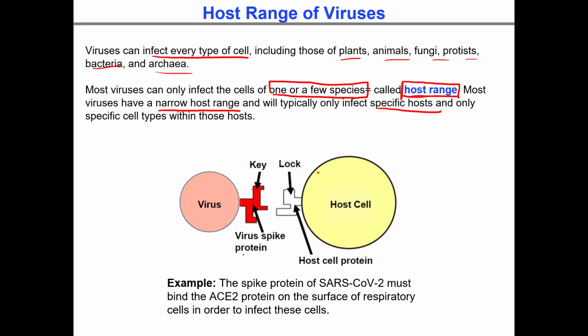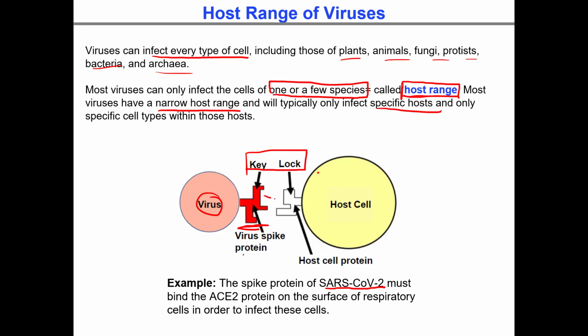And the reason why is because of something known as our lock and key mechanism. So what's going to happen here, this is the example of SARS-CoV-2. We have our virus right here. Again, it's not alive. It's not able to reproduce on its own, so it needs to find a host cell in order to reproduce itself. So it's going to look around and find something that can fit this spike protein. You'll notice that there's this irregular shape over here.